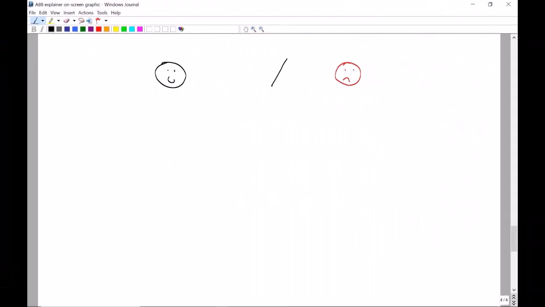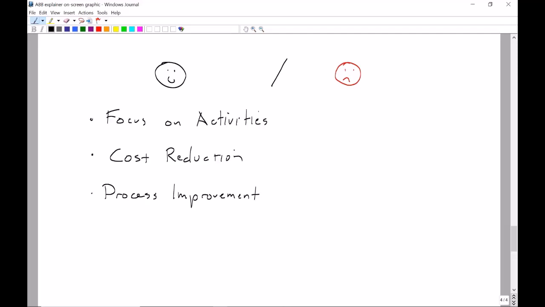Let's look at the pros and cons of activity-based budgeting when we compare it to traditional budgeting. If we look at the pros, we can say that ABB puts our focus on activities. So we are drilling down into our processes, and we are understanding what it is that we do that's driving our costs.